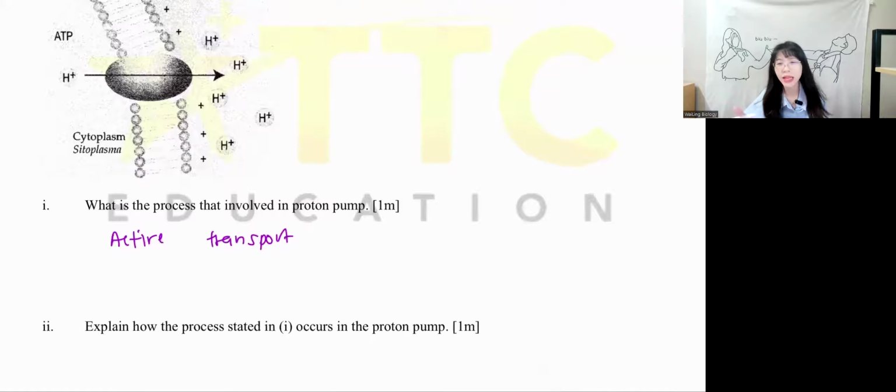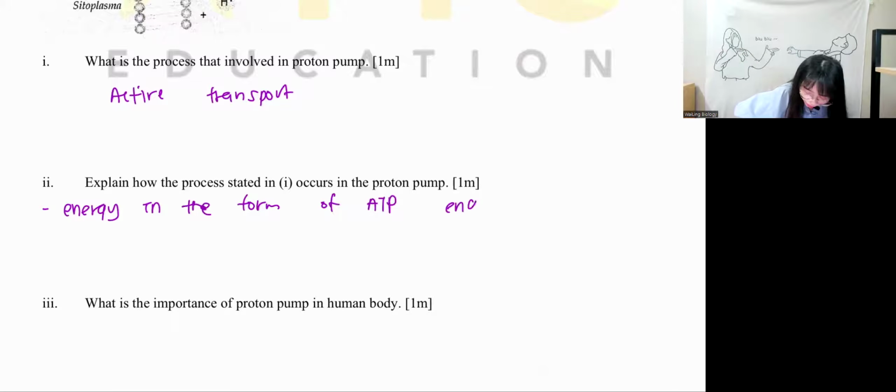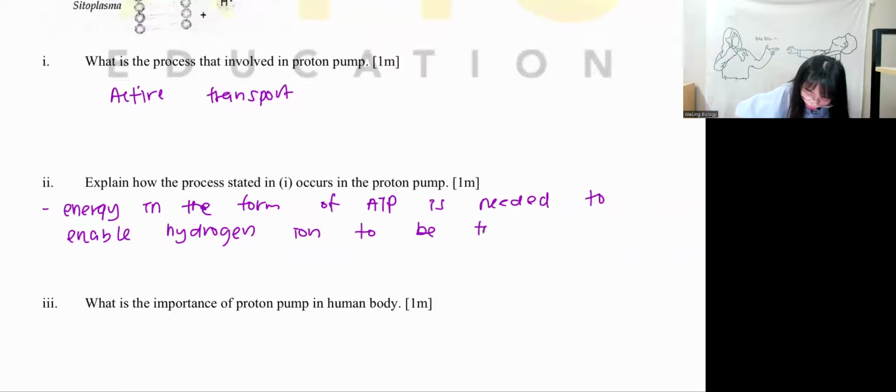So in the proton pump, we require energy, right? They will move against the concentration gradient. So your answer is, you're going to say energy in the form of ATP is needed to enable hydrogen ion to be transported by carrier protein.